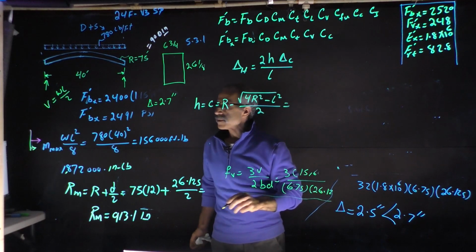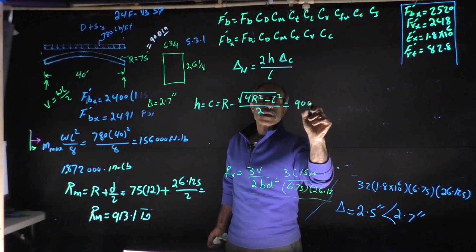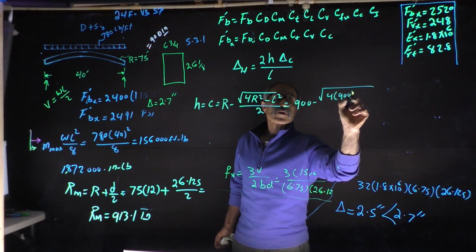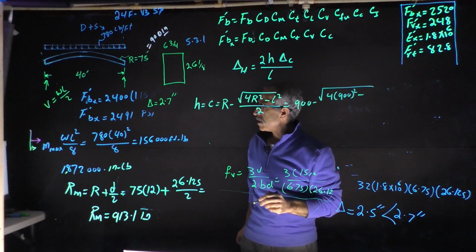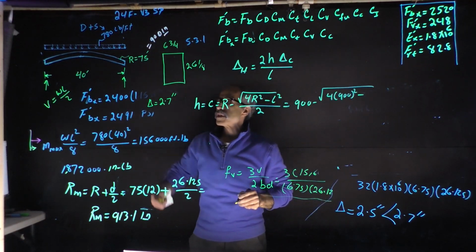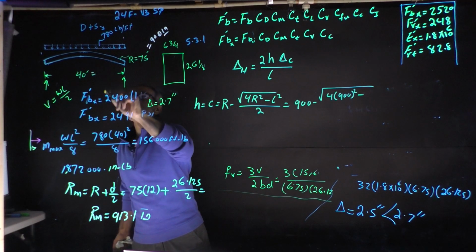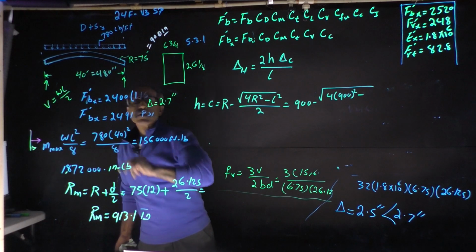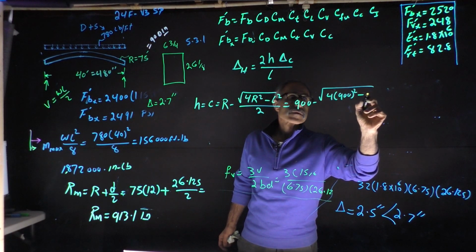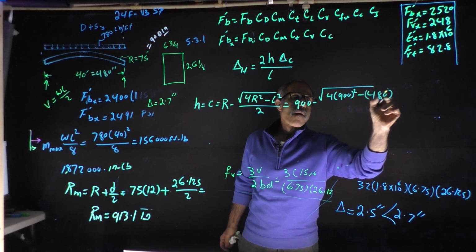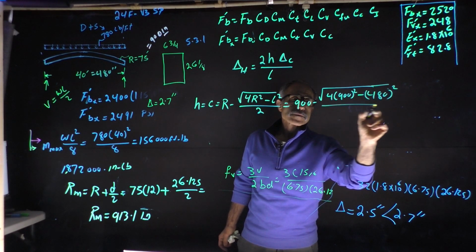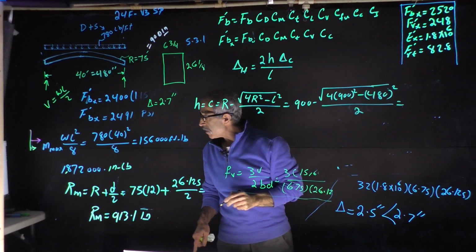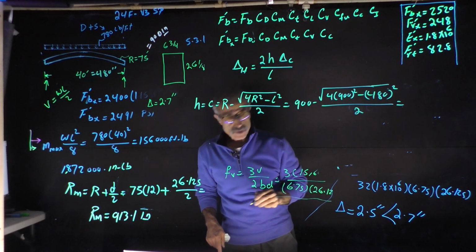And if we plug that in, it becomes 900 inch, we know that, minus the square root of 900 squared minus L, where L was 40 feet, which is 40 feet times 12, 480 inch, and divide by 2, it comes out to 32.6.